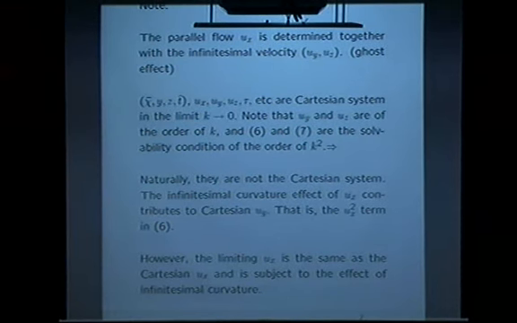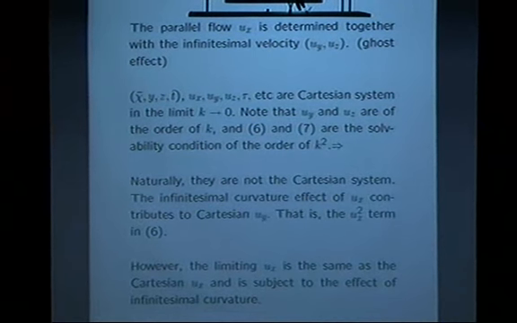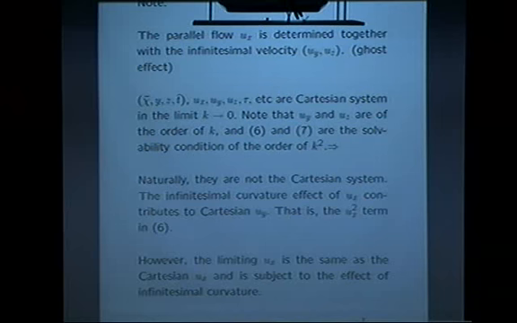The infinitesimal curvature effect of the x component contributes to the Cartesian y component. That is the x square term, in the xy component of the momentum equation. However, in the limit ux is the same as the Cartesian x, and is subject to the effect of infinitesimal curvature. Okay.